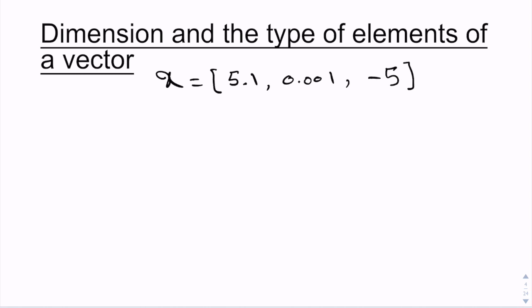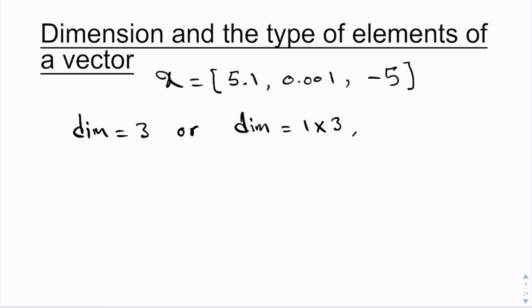If I want a formal notation to define this vector, its dimension and the type of its elements, I can say the dimension is 3, or I can say the dimension is 1 by 3, both are correct.